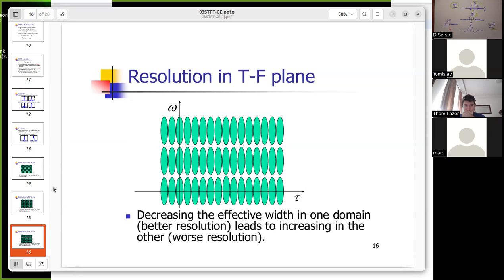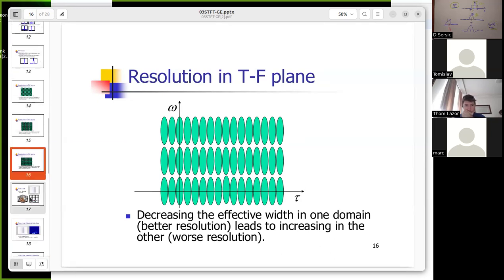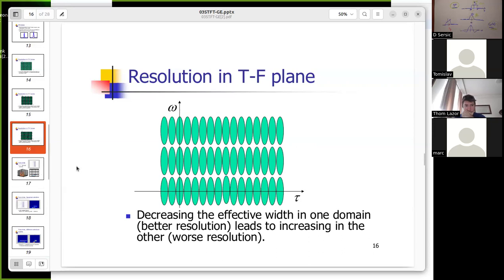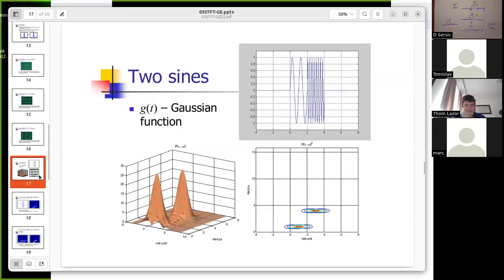Let's make our first example. Let's apply the short time Fourier transform to our two sines. At first we have to choose the time window. In this case, it was a Gaussian of some width.